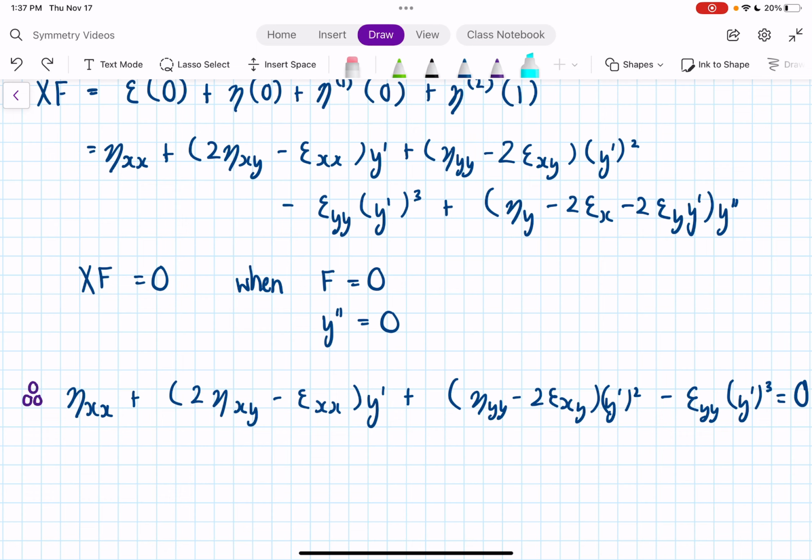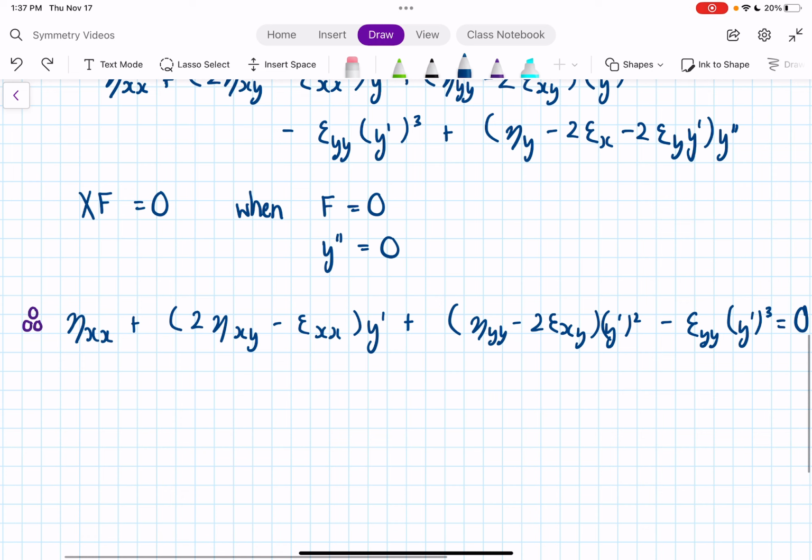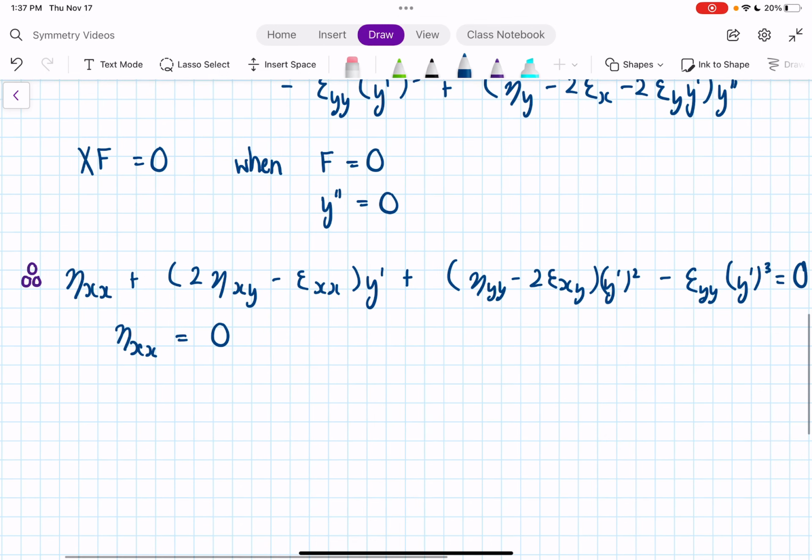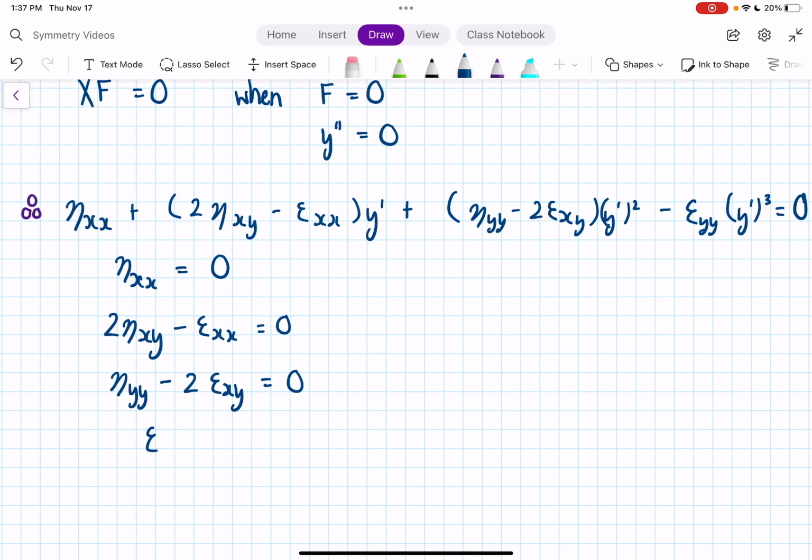Okay, so what I get is we equate all the coefficients of the similar powers of y prime, and we set them to equal 0. Okay, so those are my equations. I'm going to number these.